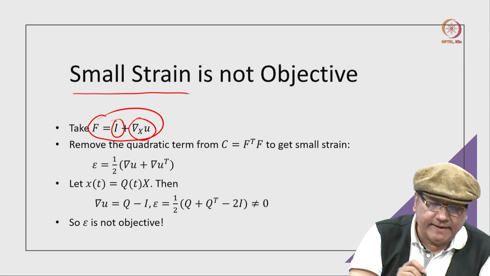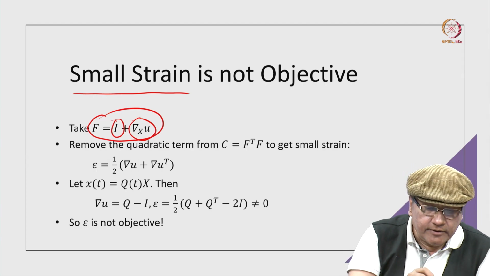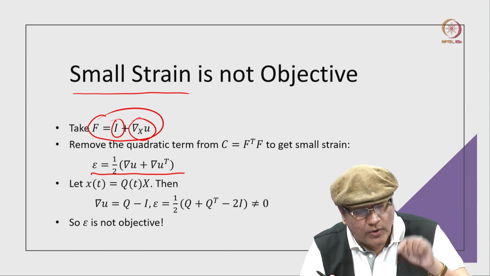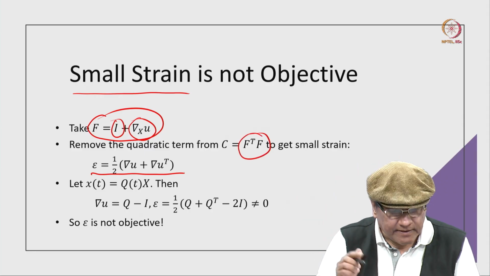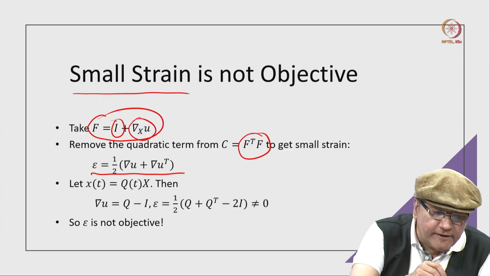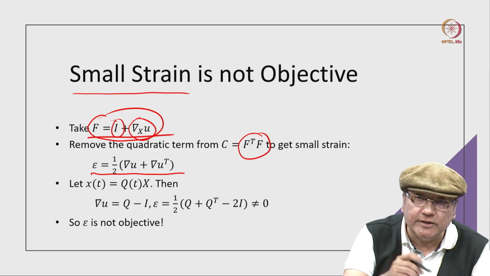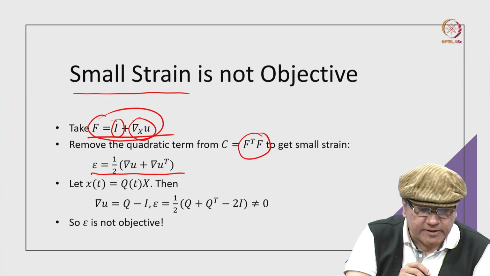In such a case I can define the strain to be equal to the symmetric part of the gradient of U by requiring the nonlinear terms in F transpose F to go. So, if you expand F transpose F using this expression for F and remove the nonlinear term, which is grad U transpose grad U, then you get this expression for the small strain.